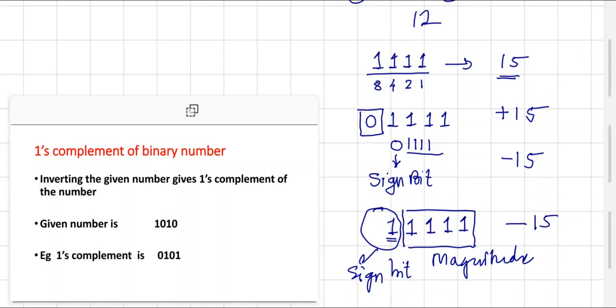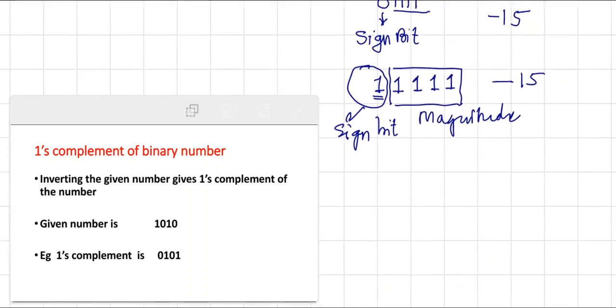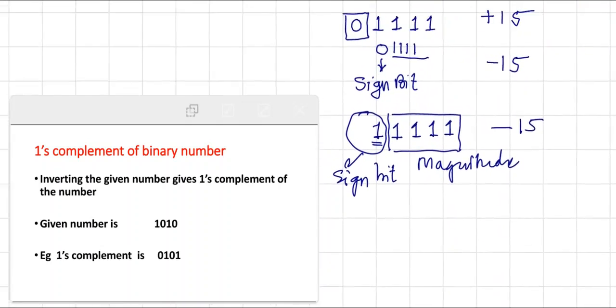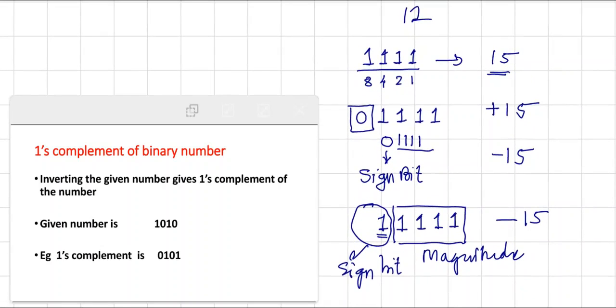Now let us consider what the ones complement of a binary number is. We already saw this number 15, which is represented by the corresponding binary code. If I want to represent 15 in signed form, then along with this number I need to add 0 as a sign bit to show the magnitude has a positive sign.